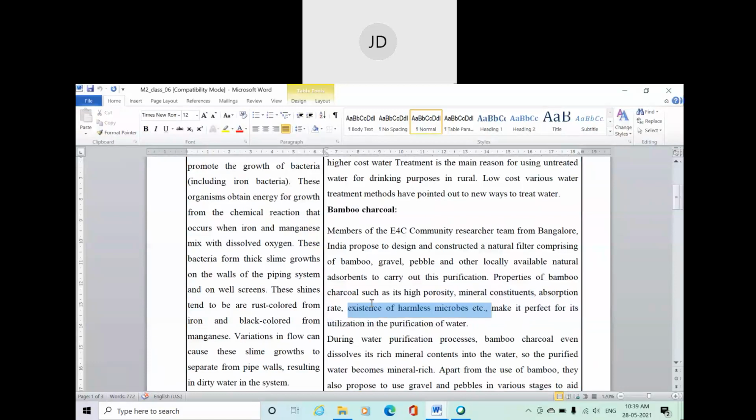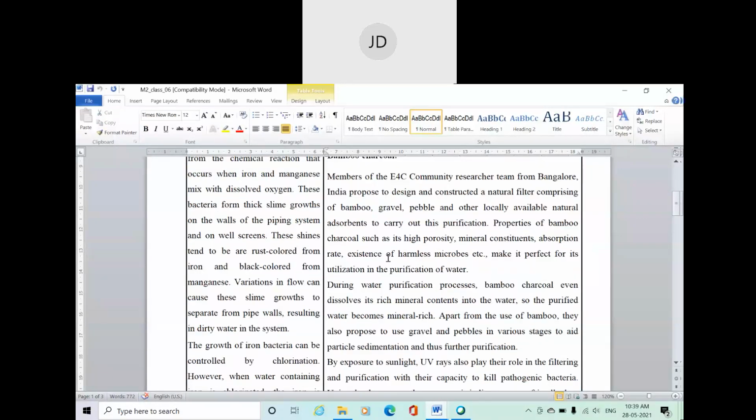Moreover, it doesn't contain any harmful microbes, only minerals. It also has high porosity, meaning water can pass through it, and the absorbent rate is very good. Overall, these properties make bamboo charcoal good for use in a water filter.